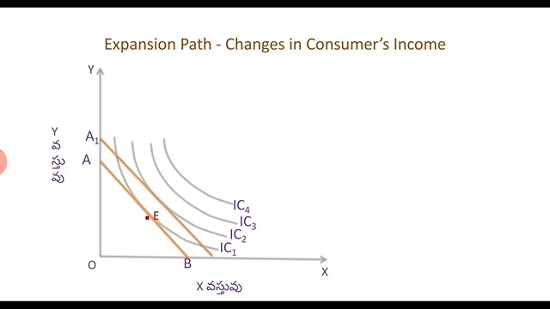At the beginning, the consumer's equilibrium is E. When the consumer's income increases, a new price line or budget line is formed as A1B1. The consumer's equilibrium shifts from E to E1.